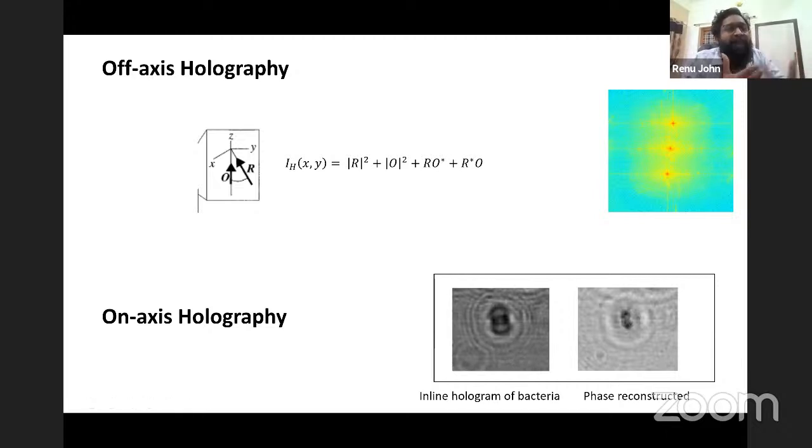If you have a sharp focus on the object, you will have a blurry conjugate of the object almost overlapping on it, if the angle is very low or 0. So this is what we call the twin image problem in on-axis holography.